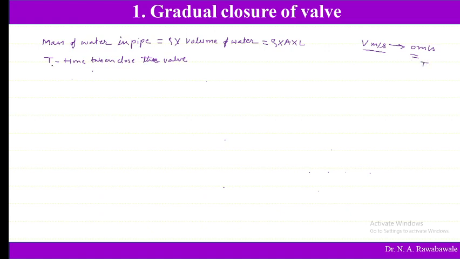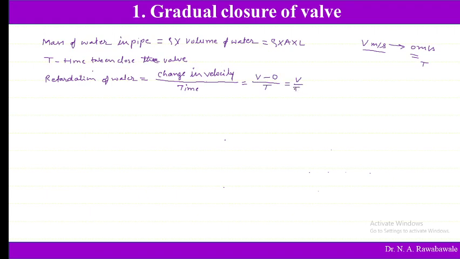So retardation of water is equal to change in velocity divided by time taken to cause this change, which is equal to V minus 0. So we are going to bring this velocity V to 0 in time T. That is nothing but V divided by T, which is the retardation.